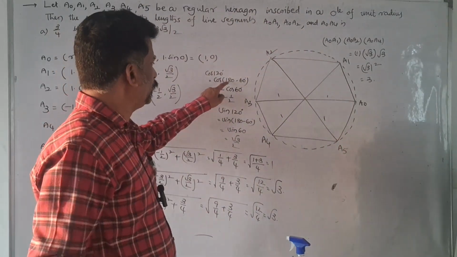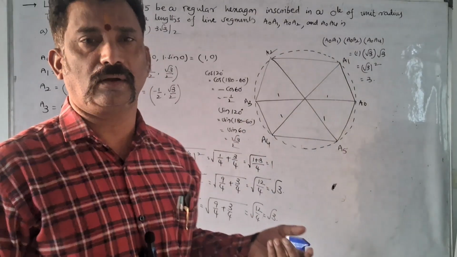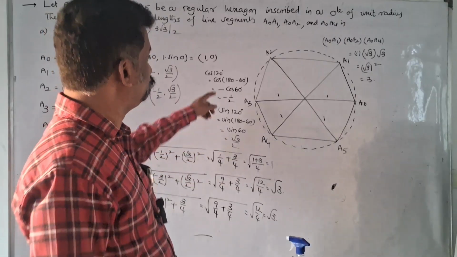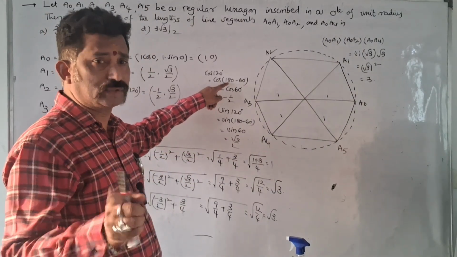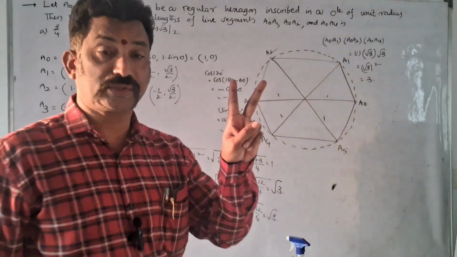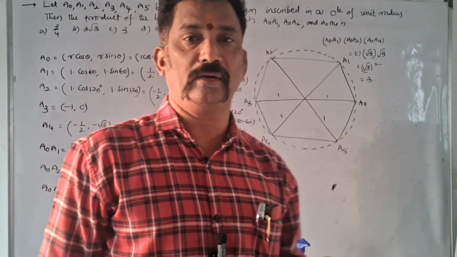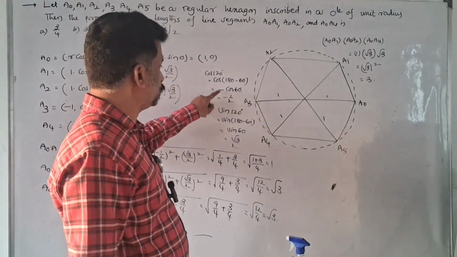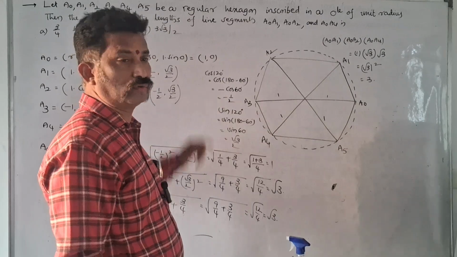Here it is 180 minus theta, and of course 120 can be written as 90 plus 30 also. For 180 there is no change in the trigonometric ratio, so cos 60. But 180 minus theta belongs to the second quadrant. In the second quadrant, sine and cosecant are positive, by the rule All Silver Tea Cups. So a negative sign for cos, cos 60 is equal to 1 by 2.